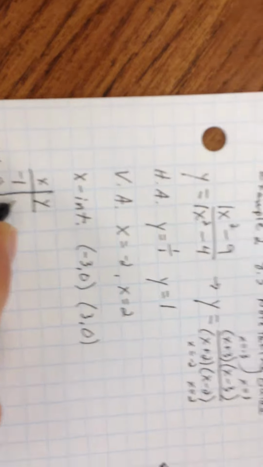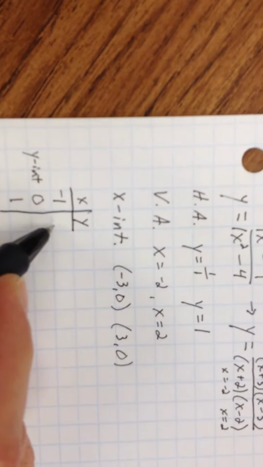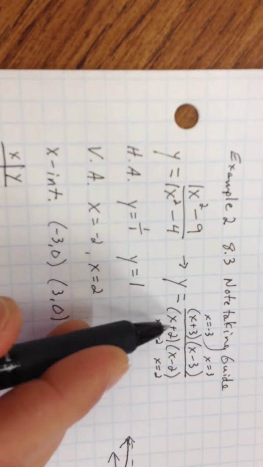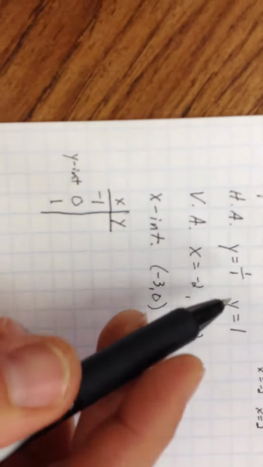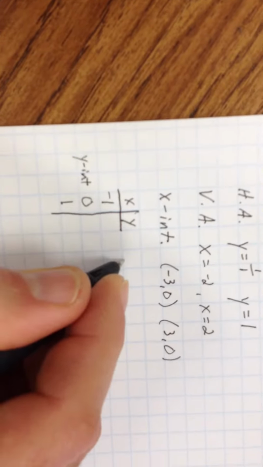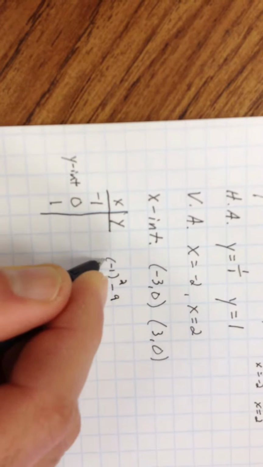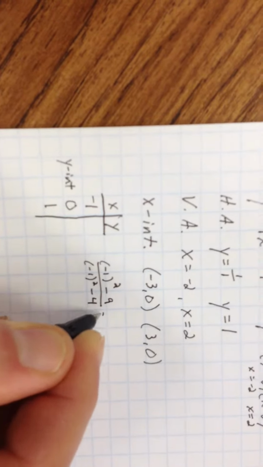So if we then substitute into our function with -1, and you have the option if you want to substitute it into the original or the factored form, your choice. I'm going to pick the original this time. So we would have -1 squared minus 9 over -1 squared minus 4.